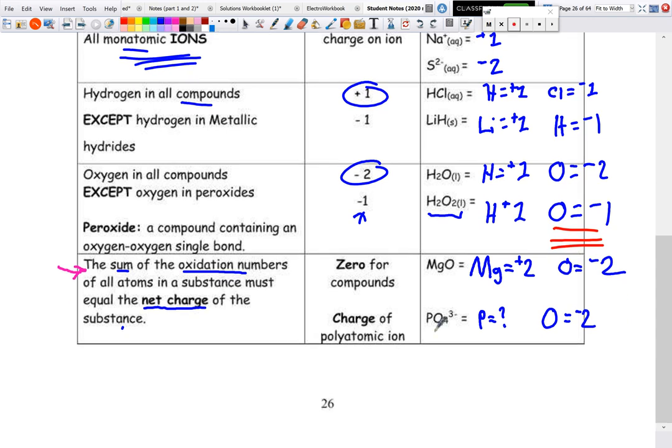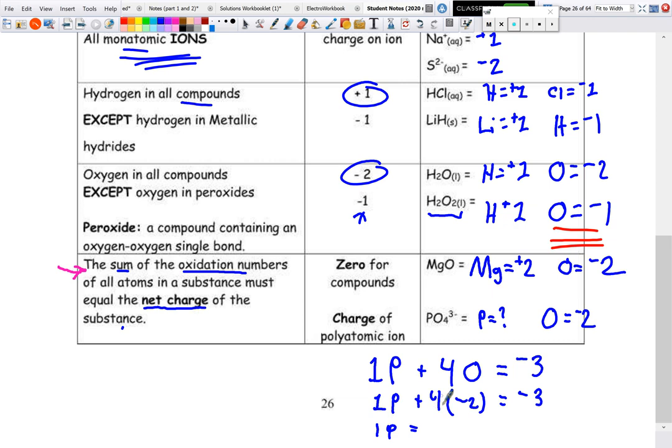We have 1 phosphorus plus 4 oxygens, which must equal the overall charge on our chemical species, which is negative 3. The overall charge on oxygen is negative 2, because each oxygen is going to bring a negative 2 to the party.